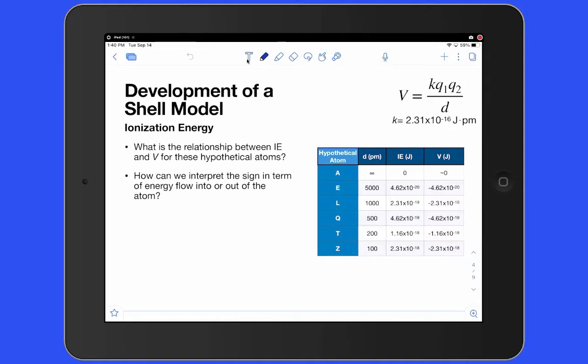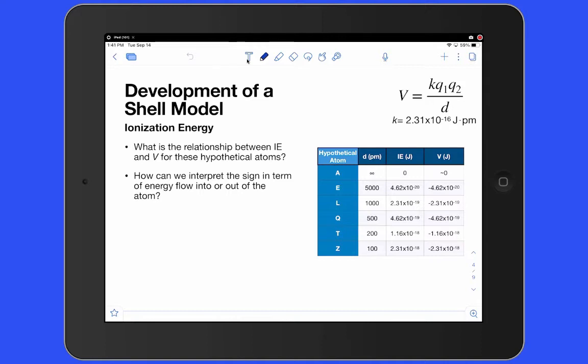The importance here was that potential energy tells us how strongly the two particles are attracted to each other. So the column V, they're all negative because they represent an attraction. Because you've got a positive and negative with each other, and opposites attract. Mathematically, it has to be negative.